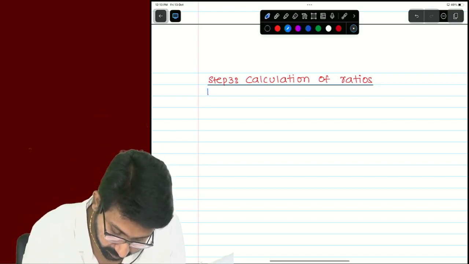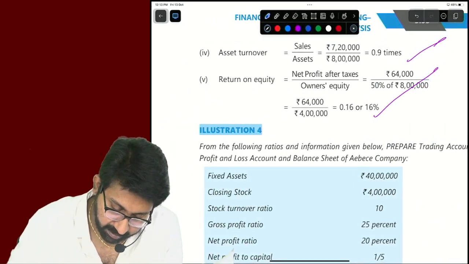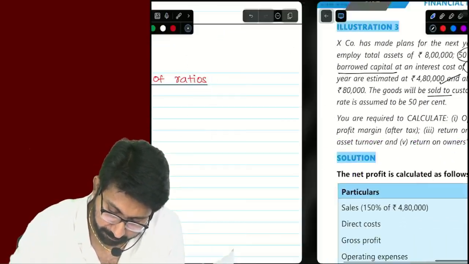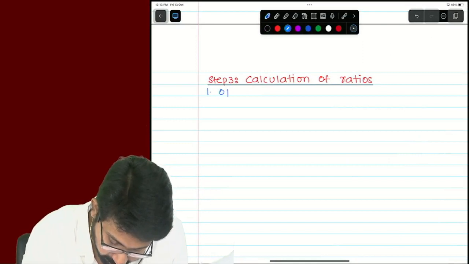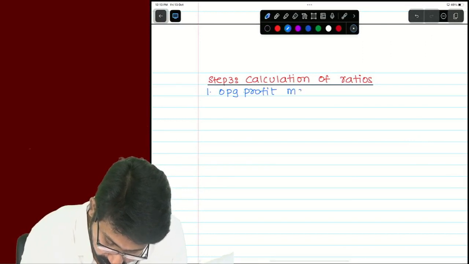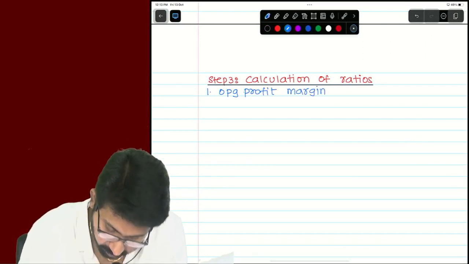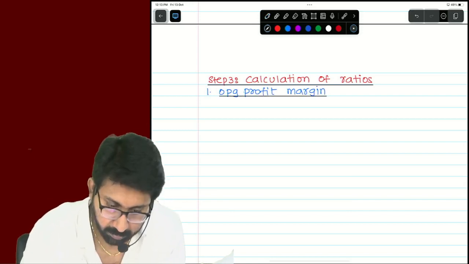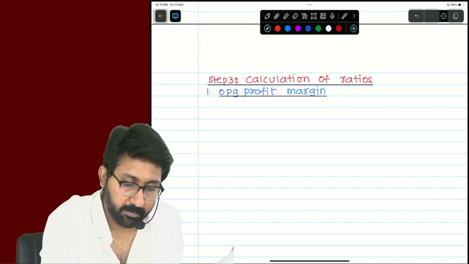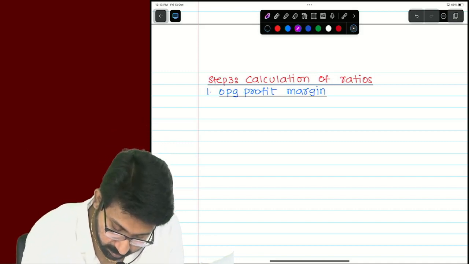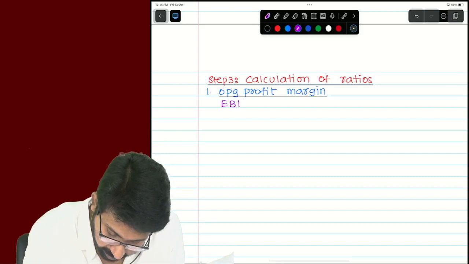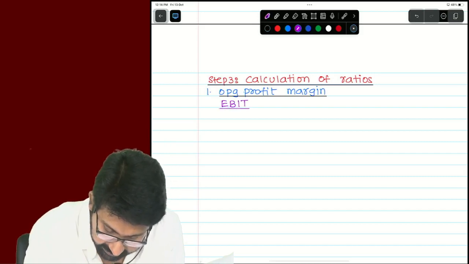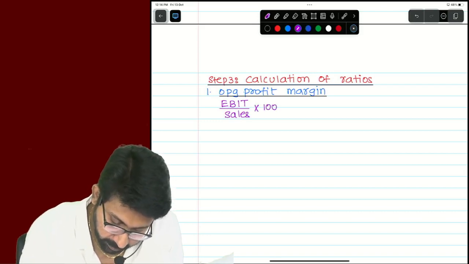First, ratio type number 1. What is the first type? Operating profit margin. What is the formula for operating profit margin? Write down clearly. EBIT divided by sales into 100.